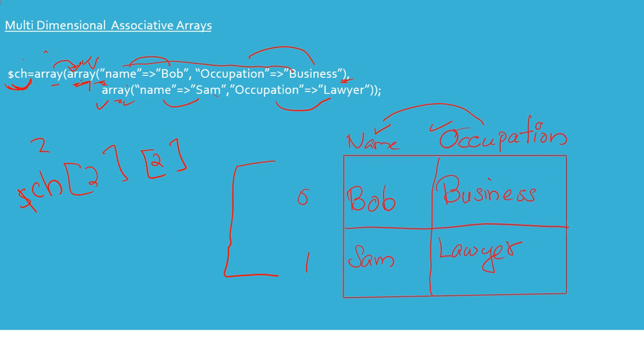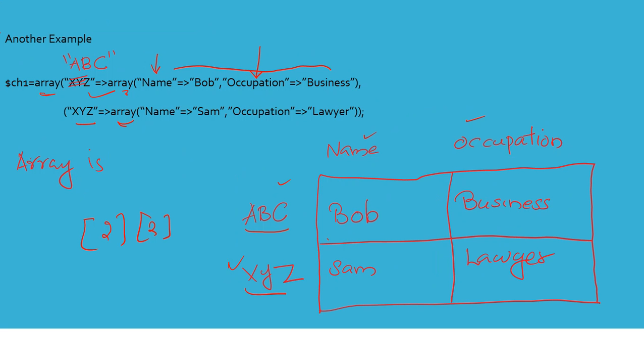Instead of the integer values for the rows in the first example, it is changed to a string in the second example, purely because we are using certain strings inside the array function to start with, rather than straight away using this array function. So the first row is named as ABC, the second row is named as XYZ.